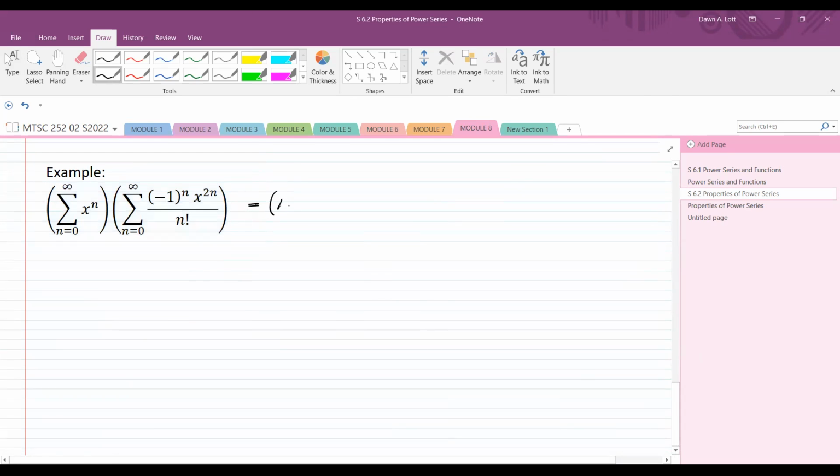So the first series is 1 plus x plus x squared plus x cubed plus dot dot dot. And the second series looks like 1 minus x squared plus x to the fourth over 2 factorial minus x to the 6 over 3 factorial plus dot dot dot.